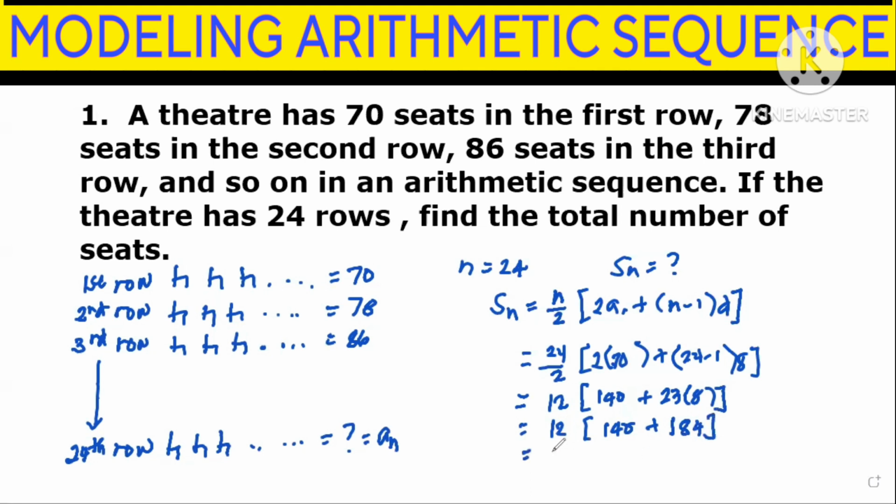So this is equal to 12 times 140 plus 184, which is 324. And 324 times 12 is 3,888. So the total number of seats, that is our S sub 24, is 3,888 seats.